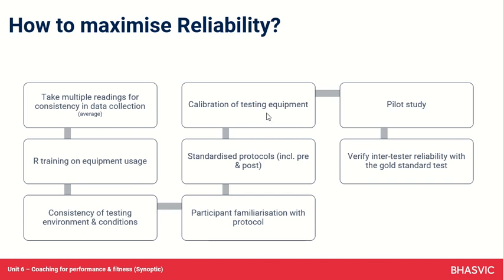Make sure any equipment you use is calibrated. You know already if you have something like a stopwatch or a phone instead of timing gates, you have that human error type thing. So it's really important that you try as much as possible to have valid and reliable measures or tests.